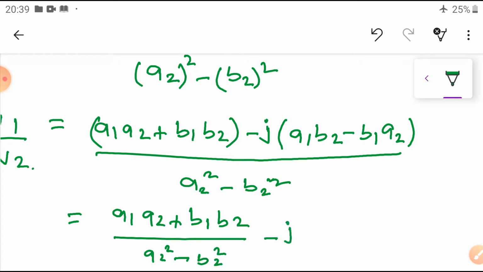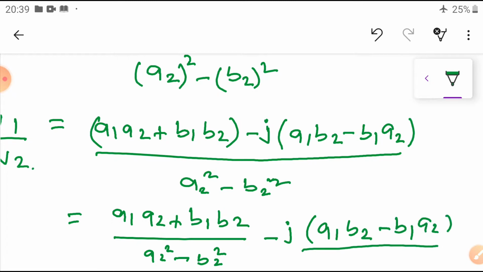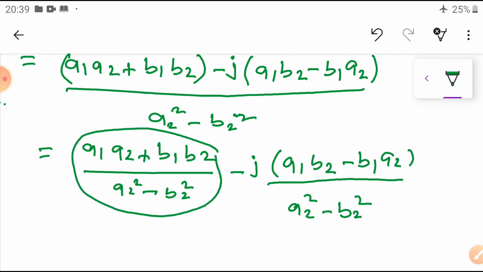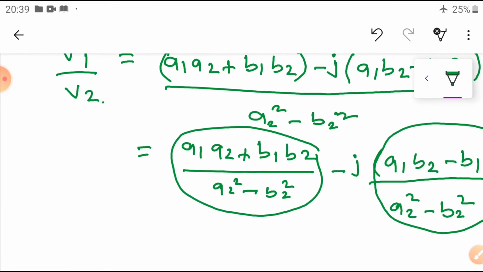Similarly, minus j times A1 B2 minus B1 A2, divided by the common property, which is the same, A2 whole square minus B2 whole square. So, this is the real part, and this is the imaginary part. That is the V1 by V2.